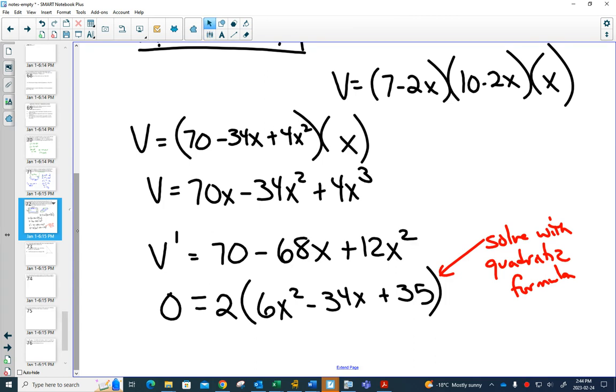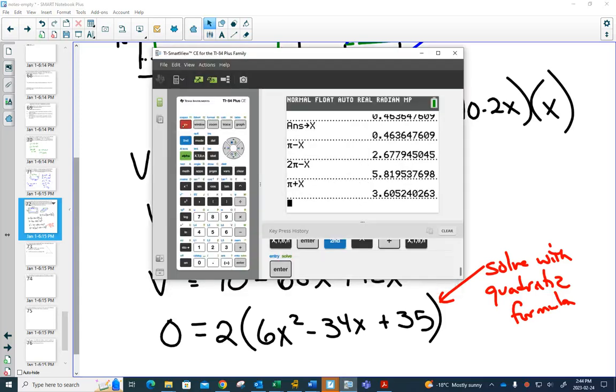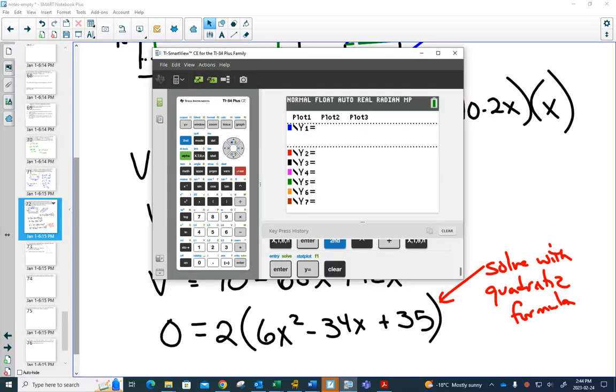and you were allowed your calculator anyways, then I would recommend taking the original equation, graphing it, and just finding the maximum. So what would that look like? Well, if I took out my calculator, went to y equals, I typed it in exactly as I see it, 7 minus 2x, 10 minus 2x, and x.